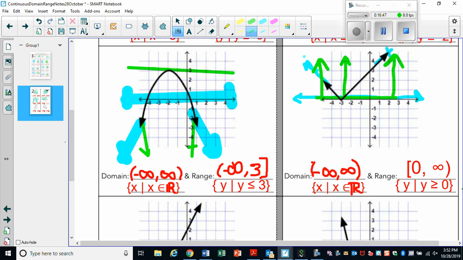So that's the range for this problem. The lowest value takes place when y is 0, and this arrow goes up forever. So our range will be from 0 to positive infinity.